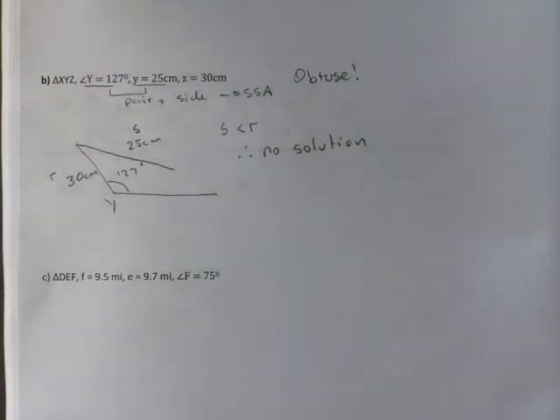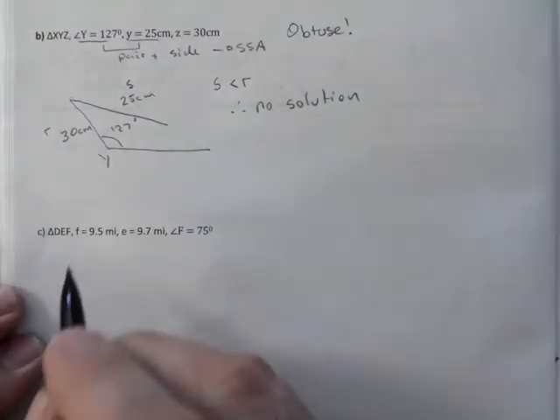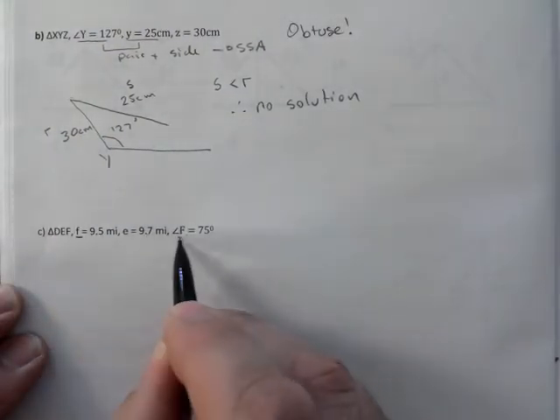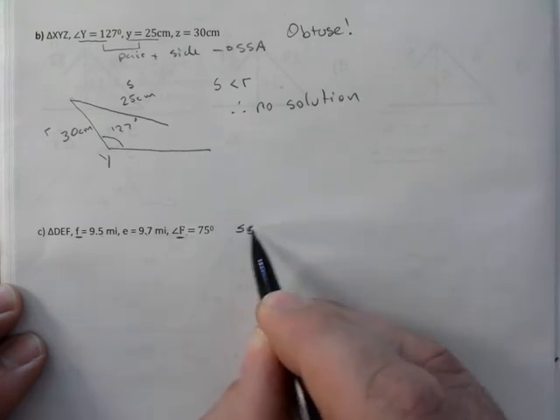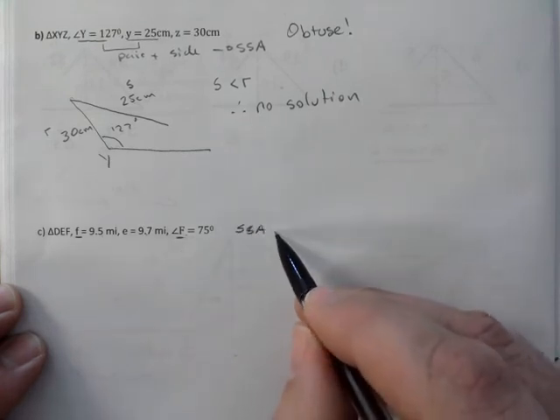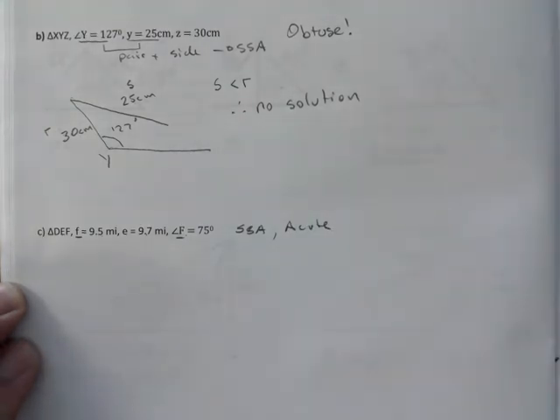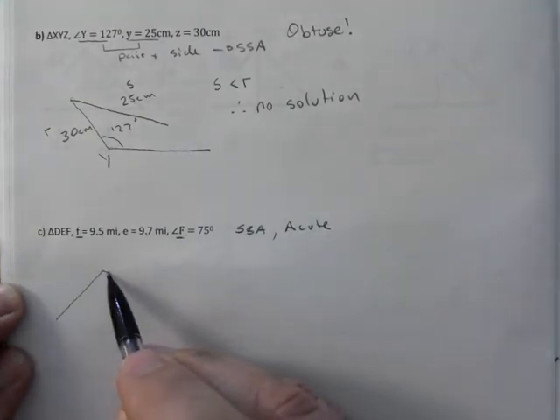Triangle DEF. I see two sides and an angle, and I see that they're paired up. So I do know that this is SSA and that it's acute. Okay, SSA acute, so I need to go with this.